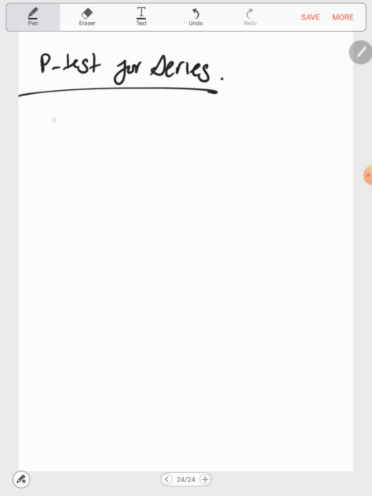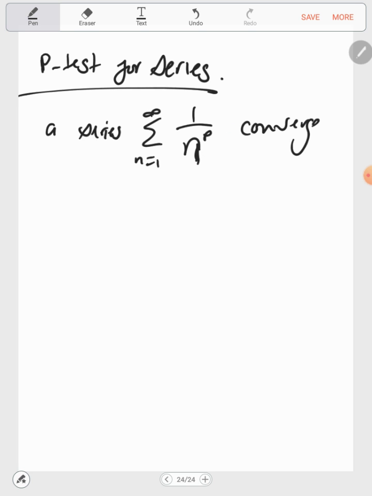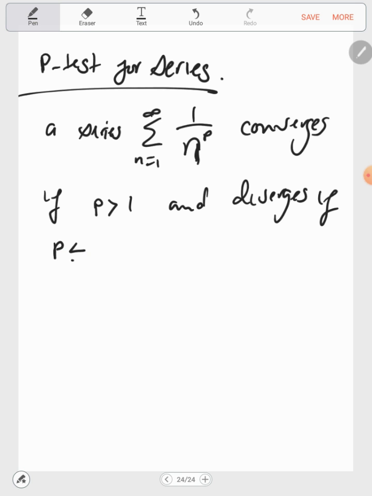This just means that a series of 1 over n raised to the power p converges if p is greater than 1, and diverges if p is less than or equal to 1. So let's have an example.